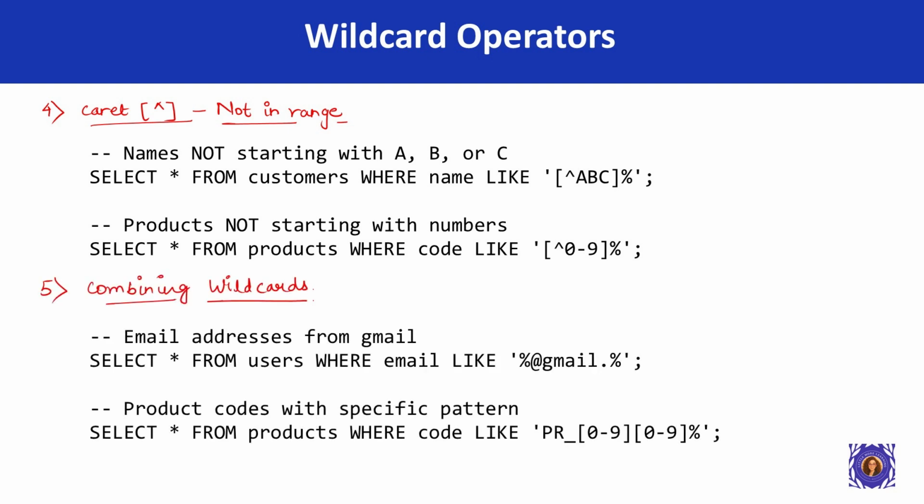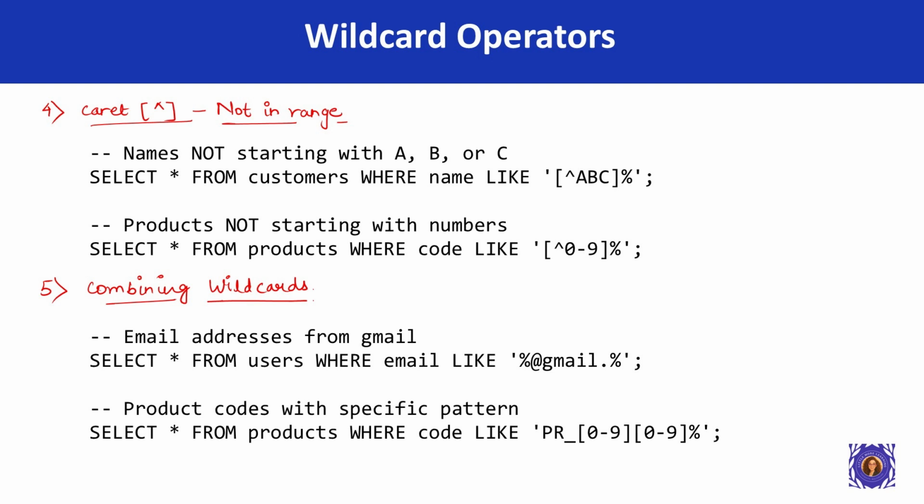Finally, wildcards become even more powerful when you combine them to create highly specific search patterns. To illustrate, if you want to find all email addresses that are from Gmail, you would combine the % symbol to match any characters before and after the fixed string at Gmail, followed by another % symbol to match the domain extension.